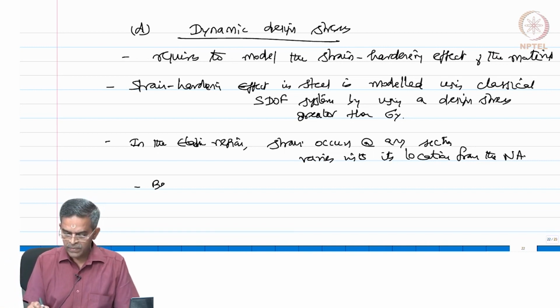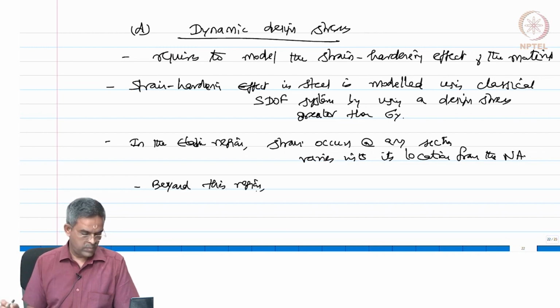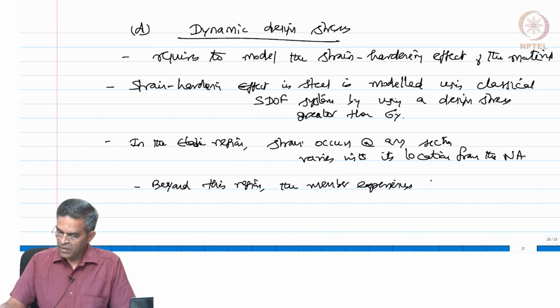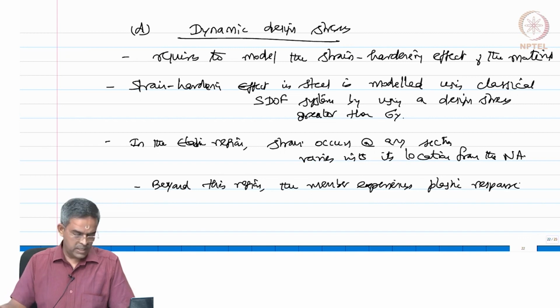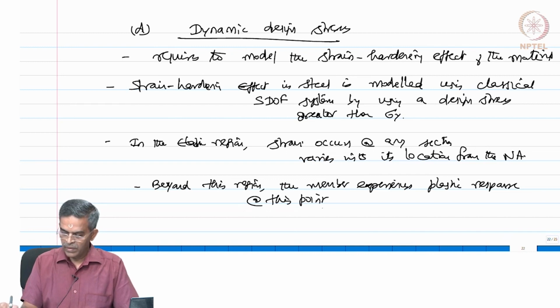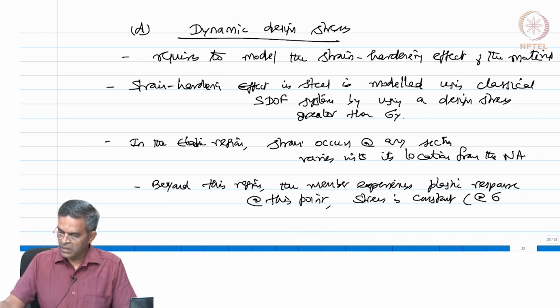Beyond this region, the member experiences plastic response, because when the strain or the stress reaches yield value, then the member will experience plastic response. So, at this point, the stress is constant, that is at sigma y over the entire cross section.